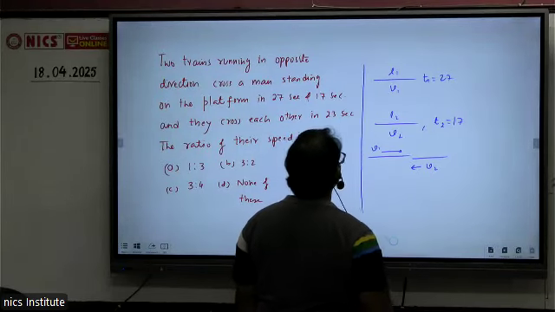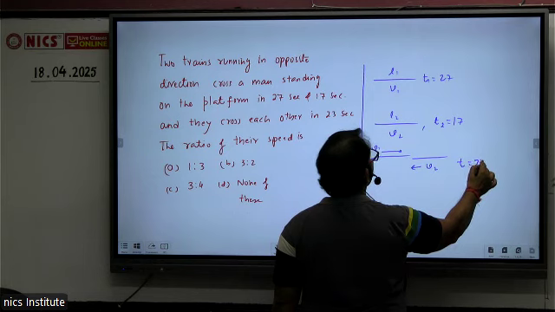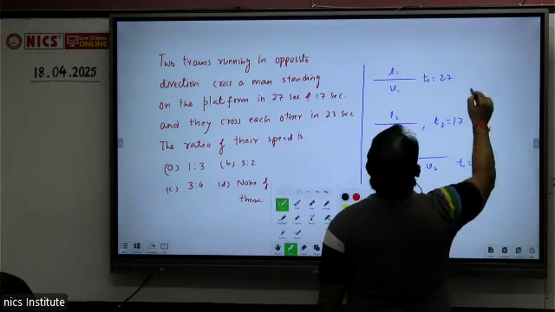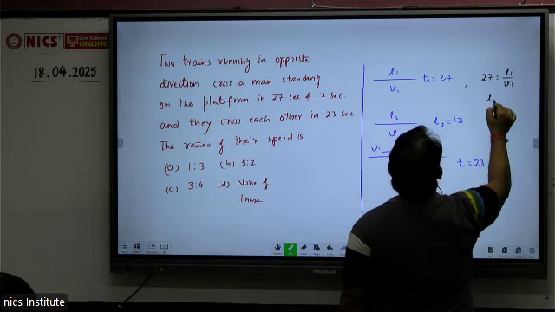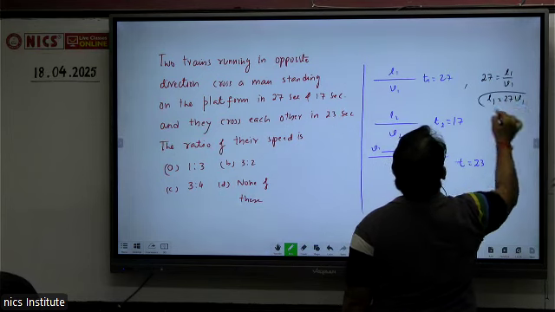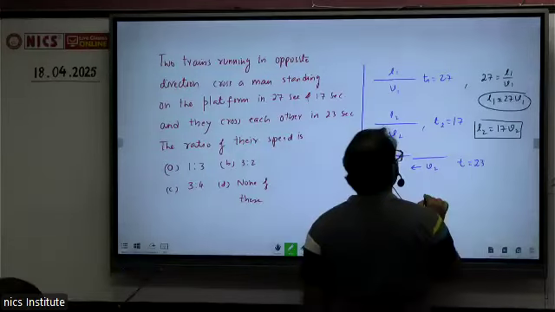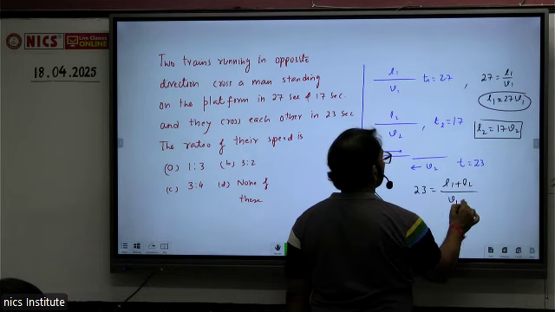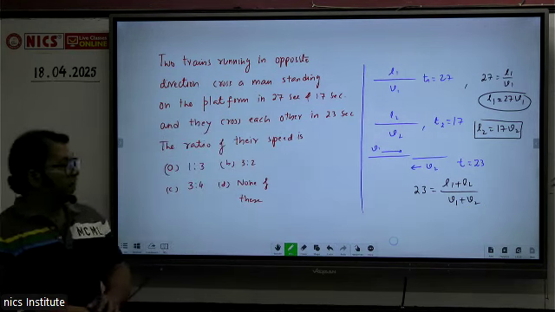The three equations. Since the trains are moving in opposite directions, V1 and V2 will be added.